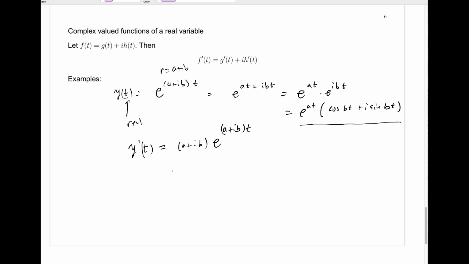In other words, the derivative with respect to t of e to the rt is just r e to the rt, and this works when r is any complex number, not just a real number. We'll be continuing with a lot more of this and talk about how this will help us get solutions to more second-order linear, homogeneous, constant coefficient differential equations, all in the next day or so.